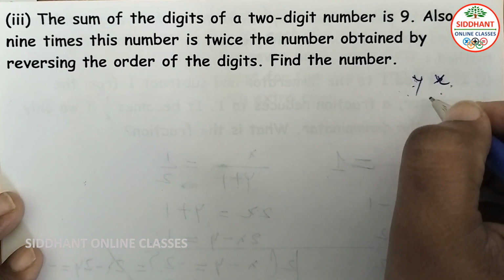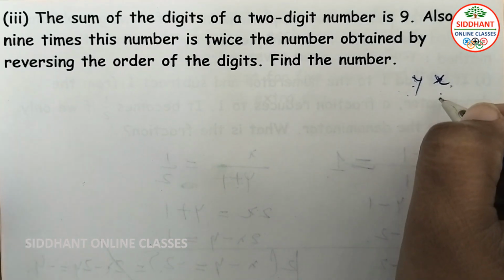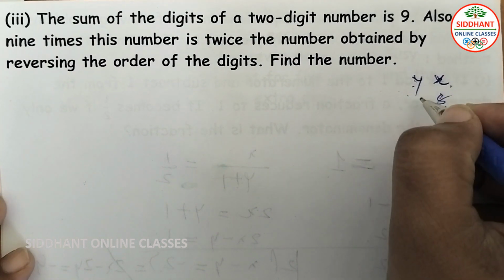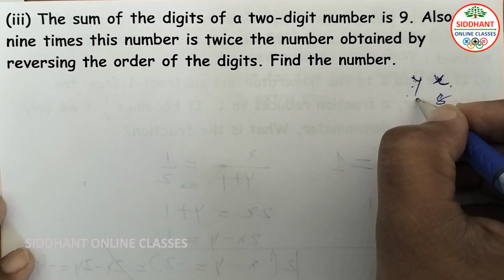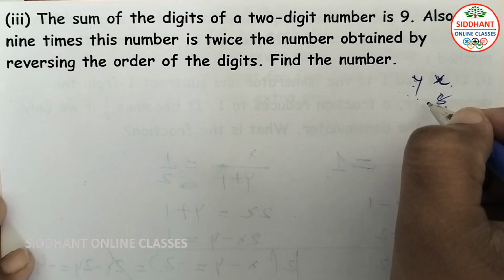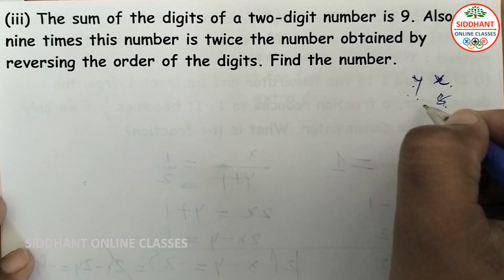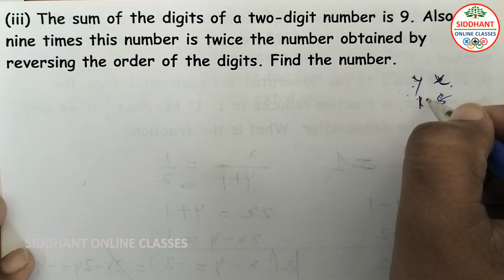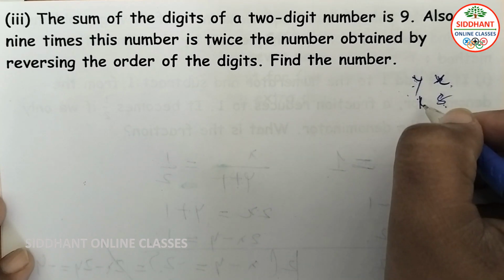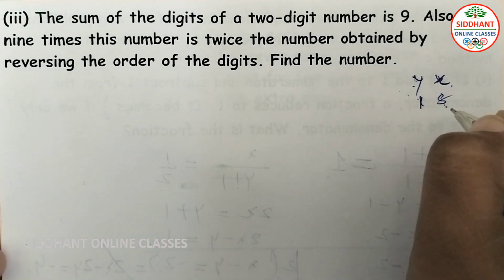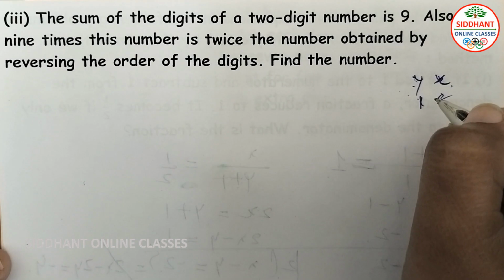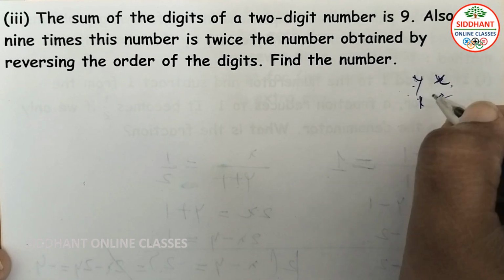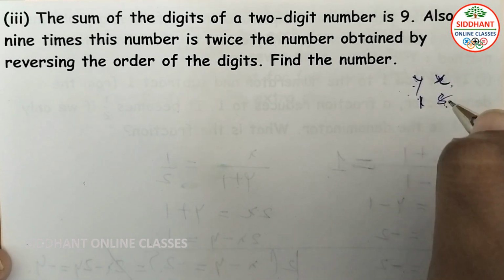So if the number is 18, then unit place will be 8 and tens place will be 1 here. So reversing this means we will be getting 81.